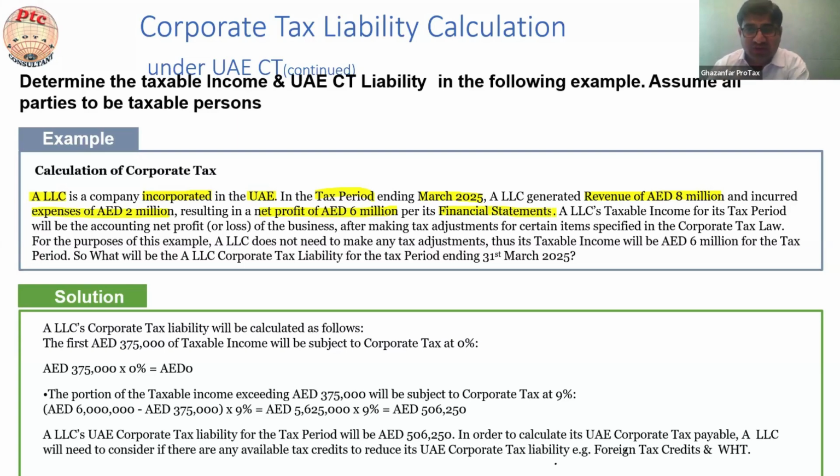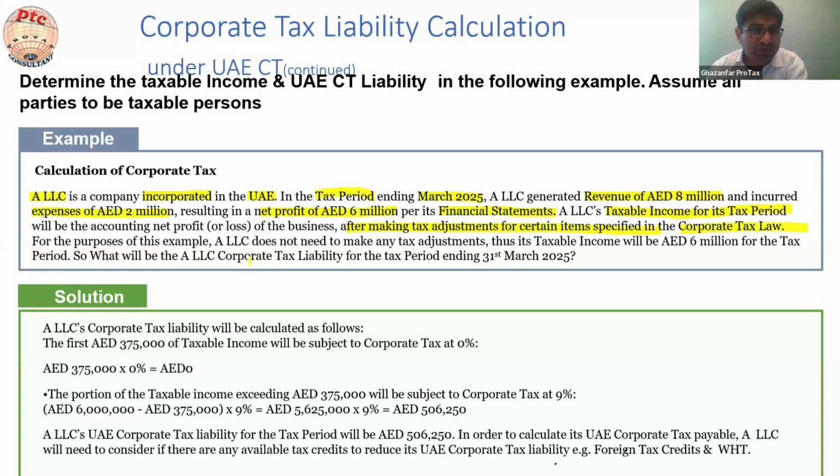Now we understand the key points we have to go through. The LLC's taxable income for its tax period will be the accounting net profit of the business after making taxable adjustments, that is, accounting profit and loss after adjustment of certain items specified in the corporate tax law.